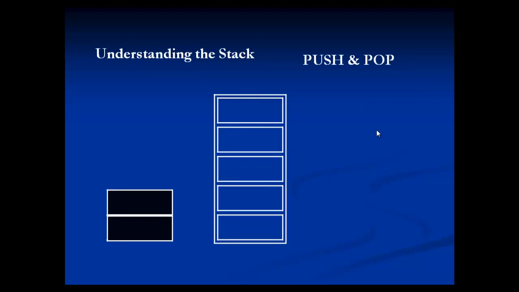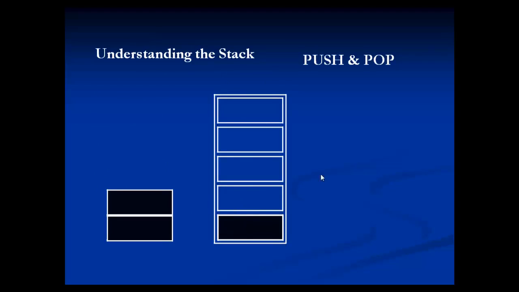Now if you go further to understand the stack, there are two operations which are very, very important on a stack. One is push and another one is pop. Whenever we try to push, an element will be added to the top of the stack. Now we have no elements in the stack, and this will be the top location of the stack. So if we push some element onto the stack, the element will be pushed into this location, and this is how it happens.